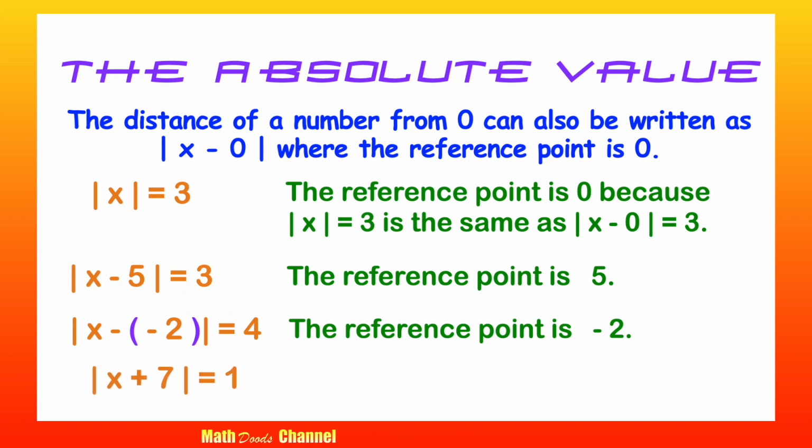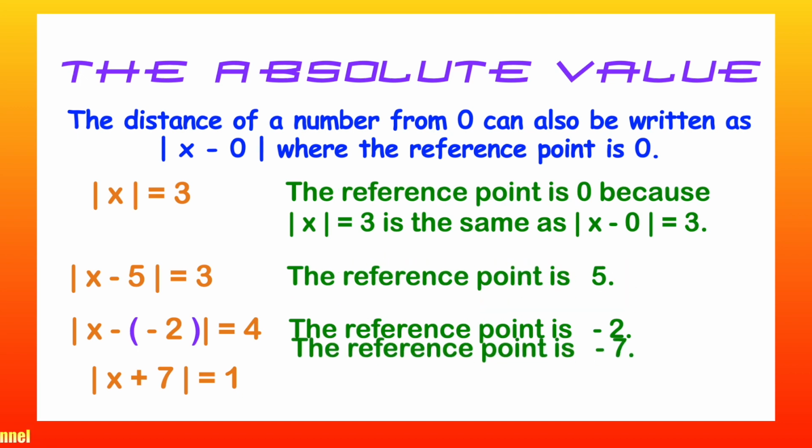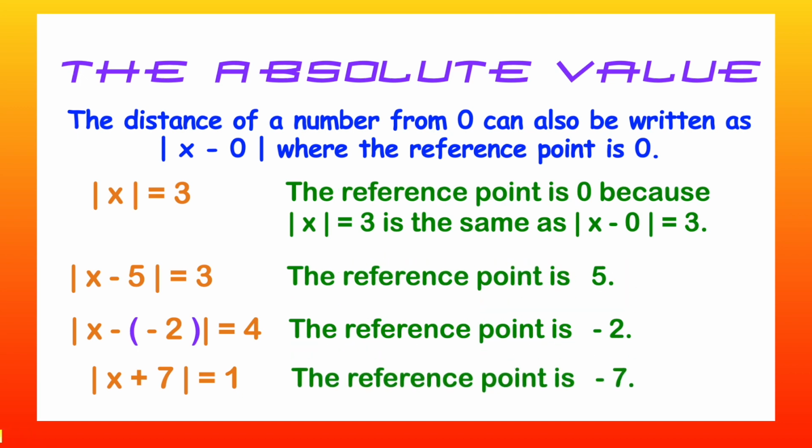And in the absolute value of x plus 7 equals 1, the reference point is negative 7, because it can be written as the absolute value of x minus negative 7 equals 1.